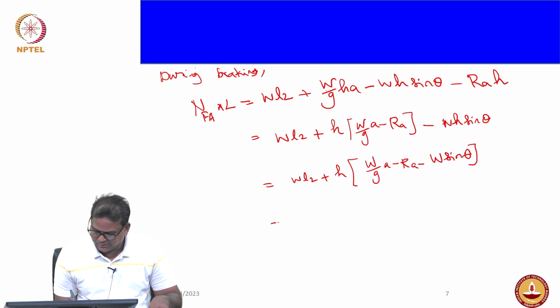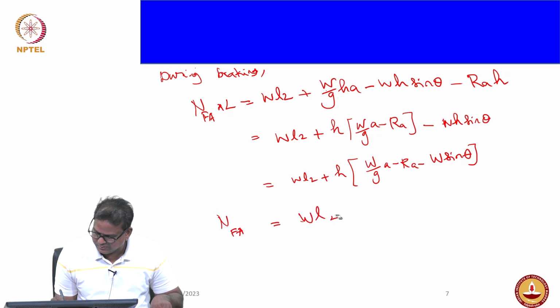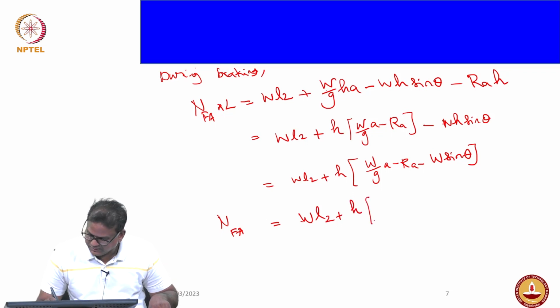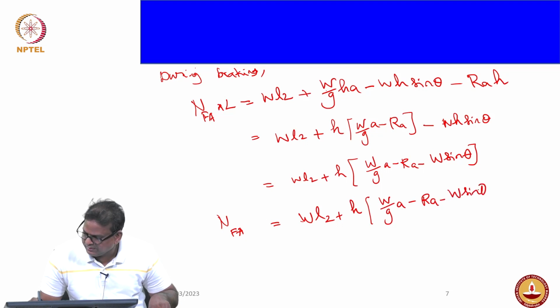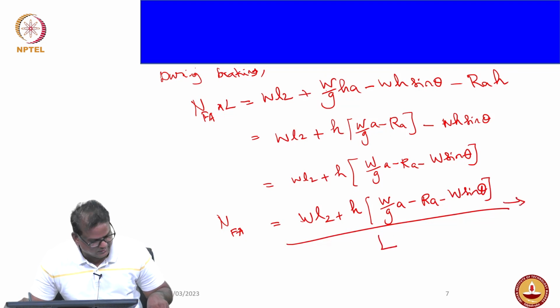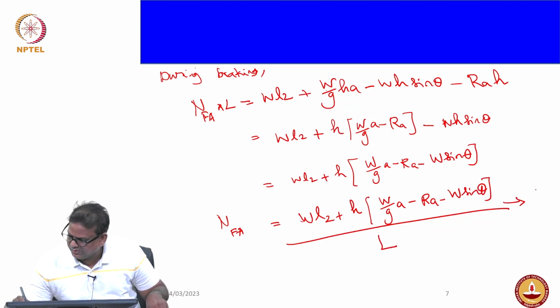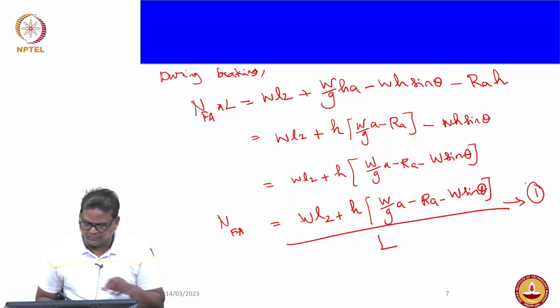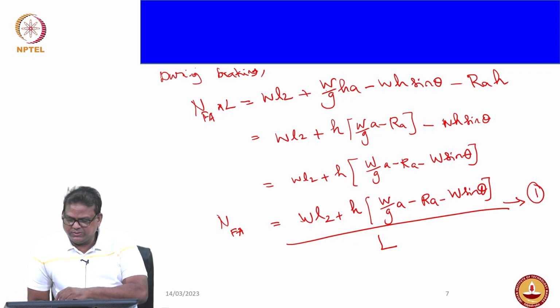And if we want the reaction force on the front axle alone, WL2 plus H, W G by A minus RA minus W sin theta, by L. So this you can take as equation 1. Any doubt?